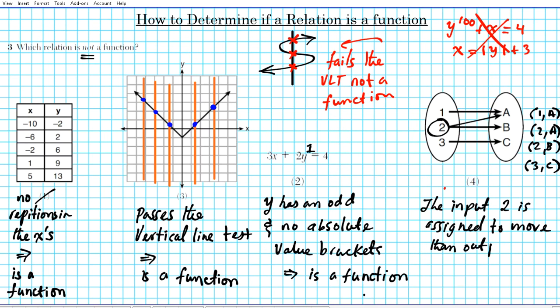So more than one output tells us that it is not a function. Hence, this is the correct answer that we're looking for. The other ones are functions, so we don't want to select them. The answer to question number 3 is option number 4.